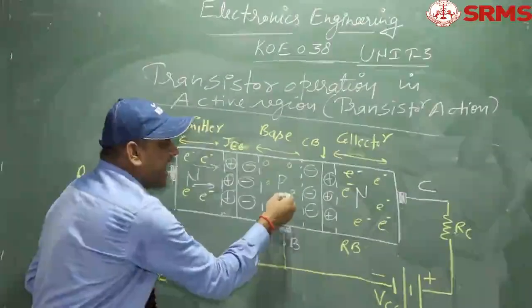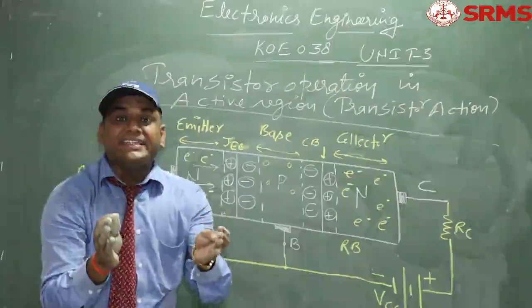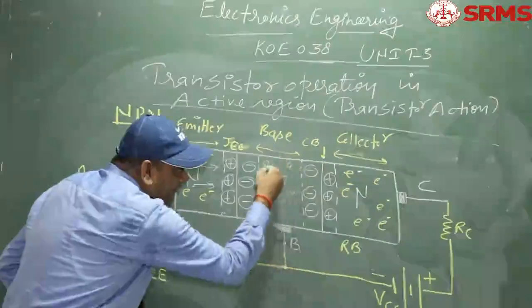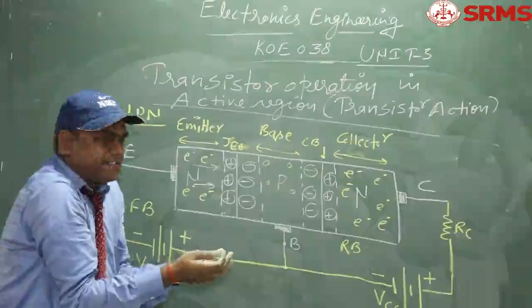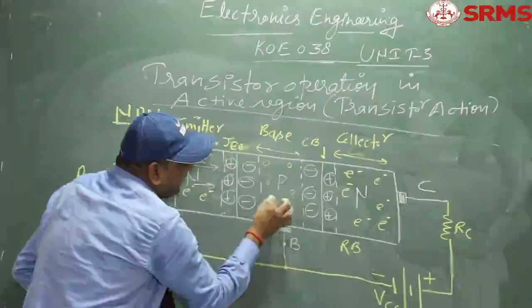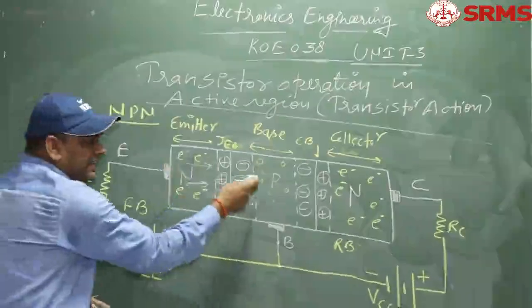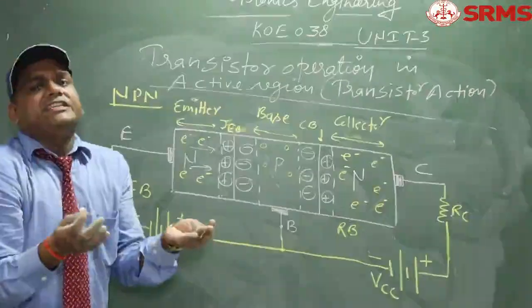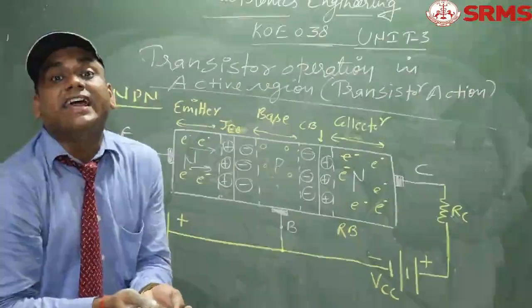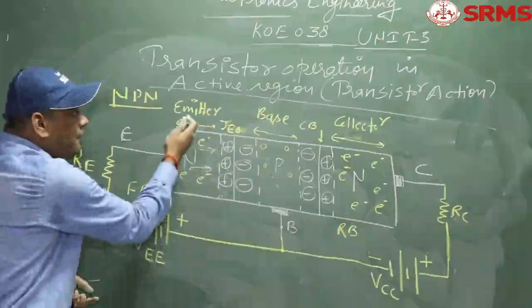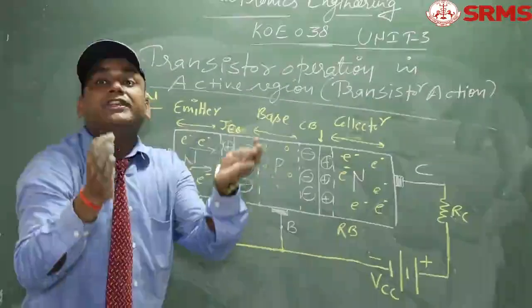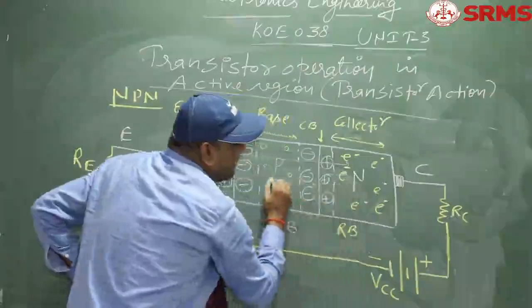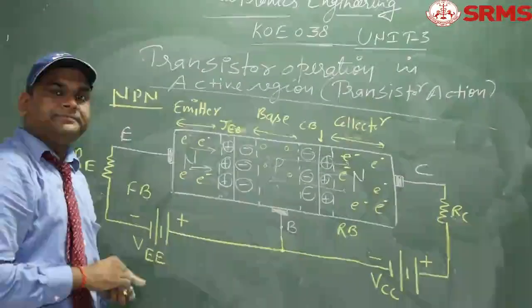Now here in this region, as is well known to all of us, the base region is thin and lightly doped. So the number of majority charge carriers, which are holes, is very small. So the few electrons transported into the base region from the emitter terminal are going to recombine here. Only a few, you can say only 2% of the electrons injected from emitter to base, are going to recombine with holes, and the remaining electrons get attracted by the collector terminal.